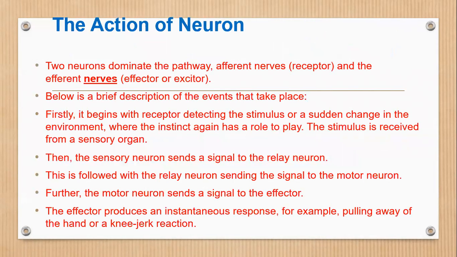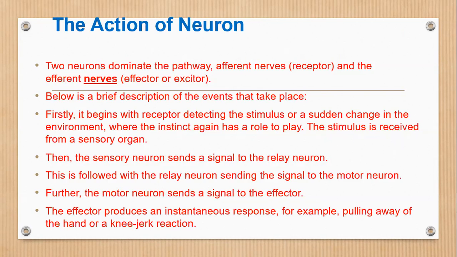So next is the action of neurons. Two neurons dominate the pathway, afferent and efferent. Firstly, it begins with the receptor detecting the stimulus or sudden changes in the environment, where the instinct again has a role to play.